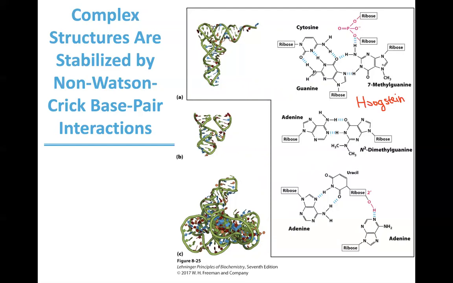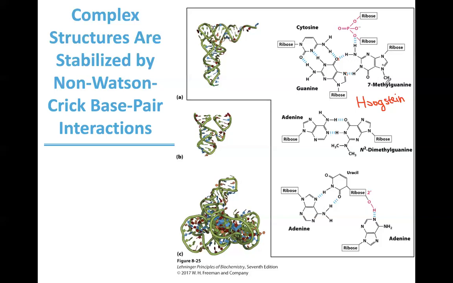Specifically, if you look at this, here you have canonical Watson-Crick, where we have G and C. But once you form G and C, you still have oxygen here with a lone pair, and you still have nitrogen position 7 with a lone pair. So this oxygen, position 6, and nitrogen position 7, they're both hydrogen bond acceptors. So they can form hydrogen bonds with a different nitrogenous base coming this way, right?